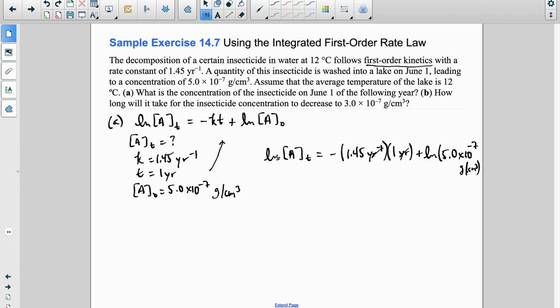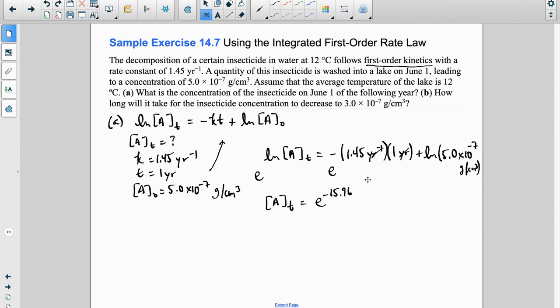So there's my equation. So you can see that in order to solve for my concentration at time t, I need to get this natural log out of there. So what I will do is take e and I will raise it to that power. I will take this side, also raise it to the power, because I need to do the same thing on both sides. That means that A at time t is equal to e to the minus 15.96.